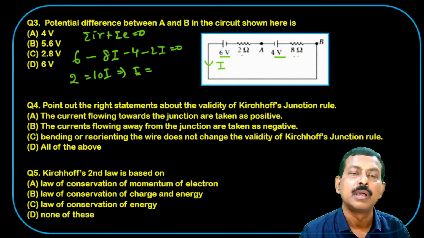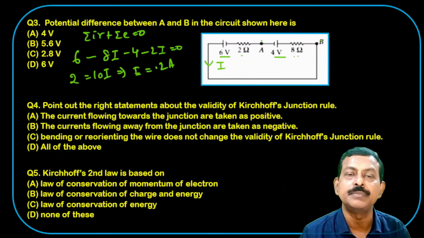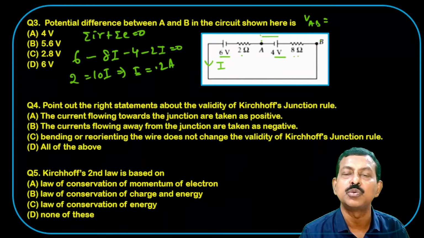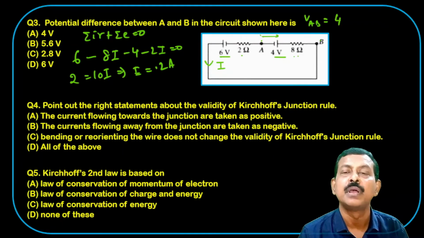So now 2 equals 10I, or I equals 0.2 ampere. Now, for the potential difference between A and B, VAB, suppose we are going from point A to point B. In that case we are going from negative to positive terminal of the cell, so it is 4 plus, and here the current is flowing in the opposite direction.